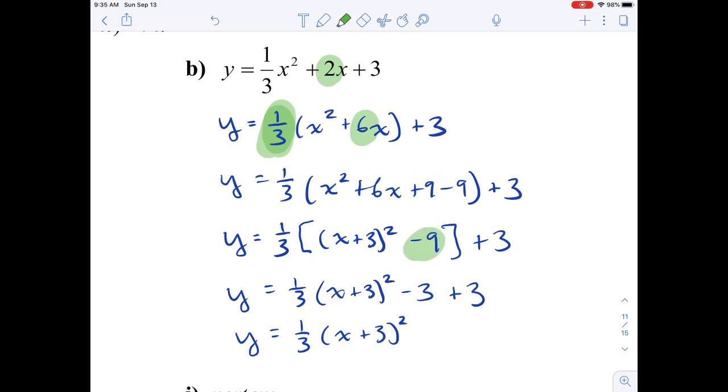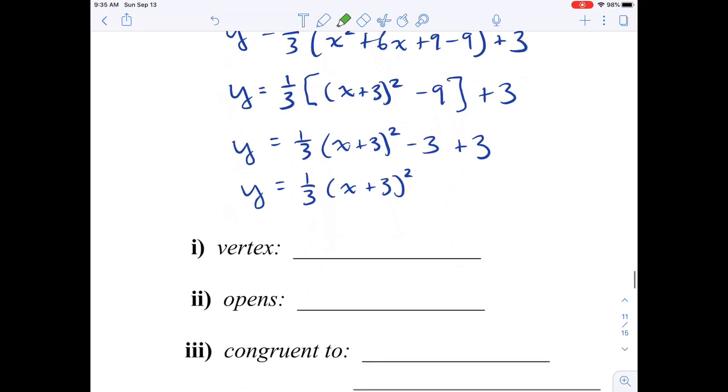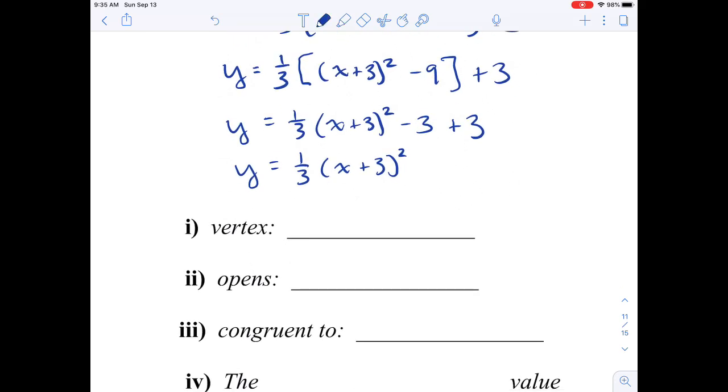Notice that this minus 9, when it moved outside the bracket, had to get multiplied by 1/3. So in the next step, it appeared as a minus 3, because that's a third of it. Overall, these minus 3's and plus 3's just canceled one another out, so we don't see a k value at all, which really means our k value would be 0.